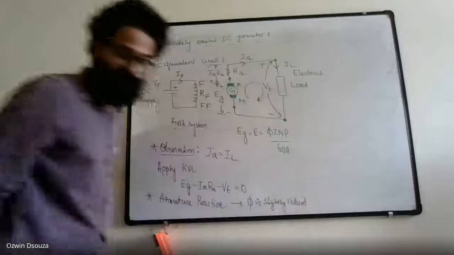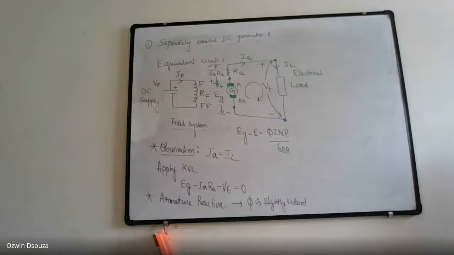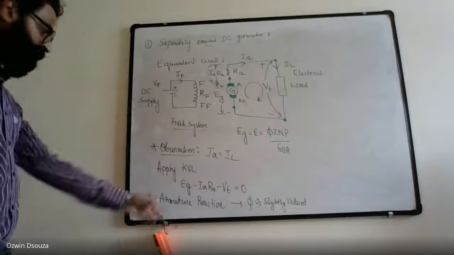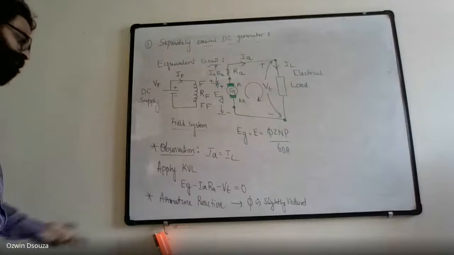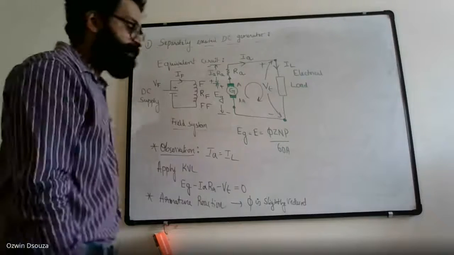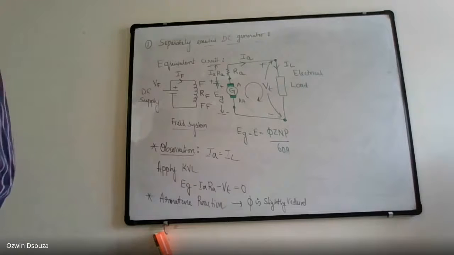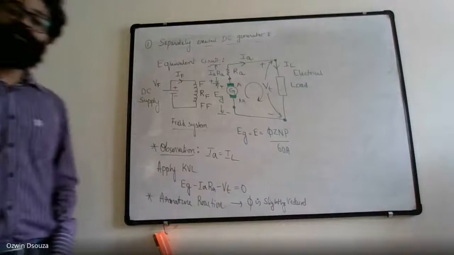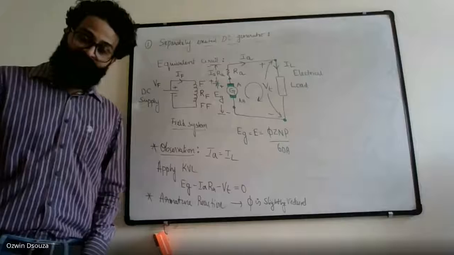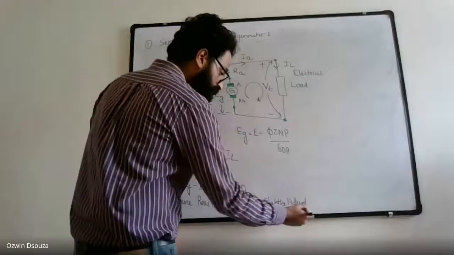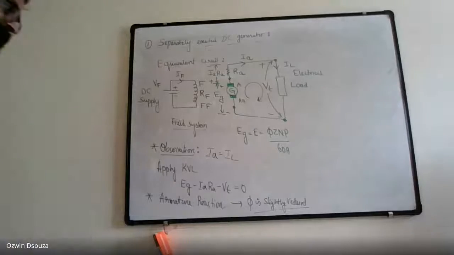These are slightly complex concepts, so in detail we don't have to deal with them, but I have to introduce you to armature reaction. Armature reaction is nothing but a phenomenon which happens due to the interaction of the main field with the armature field, as an effect of which the flux phi is slightly reduced.